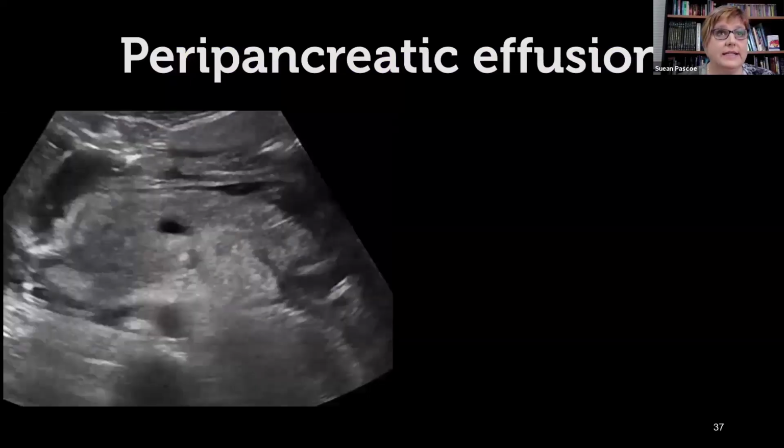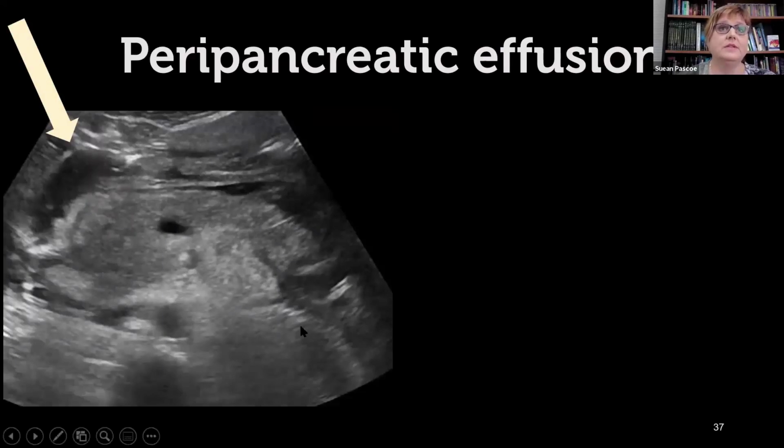So here we've got an example of a peripancreatic effusion and a bit of inflammation and fluid sitting just around the pancreas. Again, we have the aorta here, and we can see the splenic vessel here, and the outline of the pancreas.